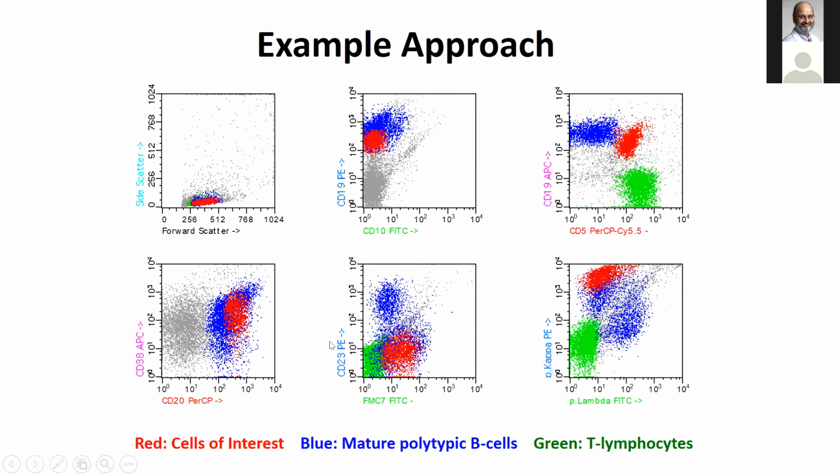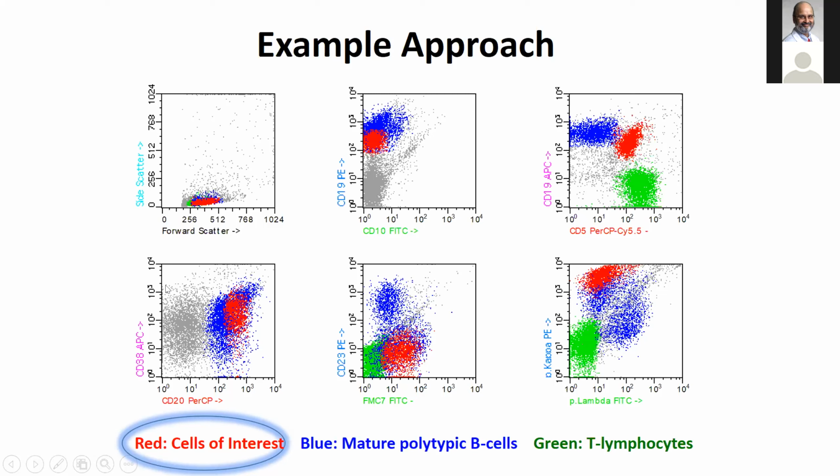Okay, so we're going to go ahead and show an example approach of what we do when we're assessing a tissue and we discover that it's got a B-cell lymphoma in it. So here the blue are going to be reference mature polytypic B lymphocytes. The green are going to represent reference T lymphocytes. And the red are going to be our cells of interest, so they're going to be our abnormal cells.